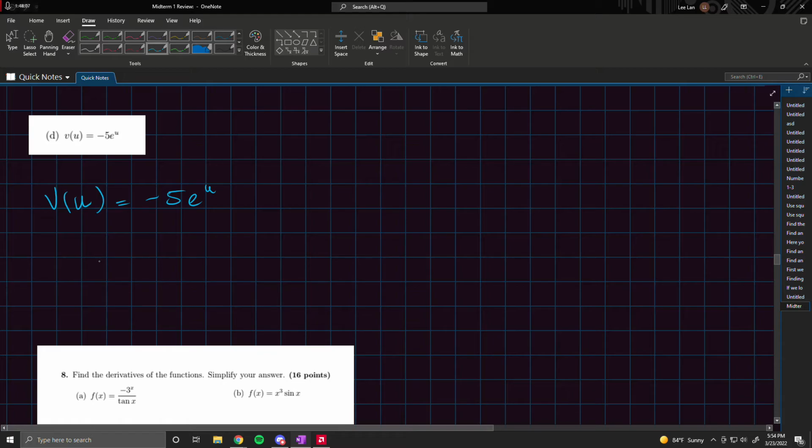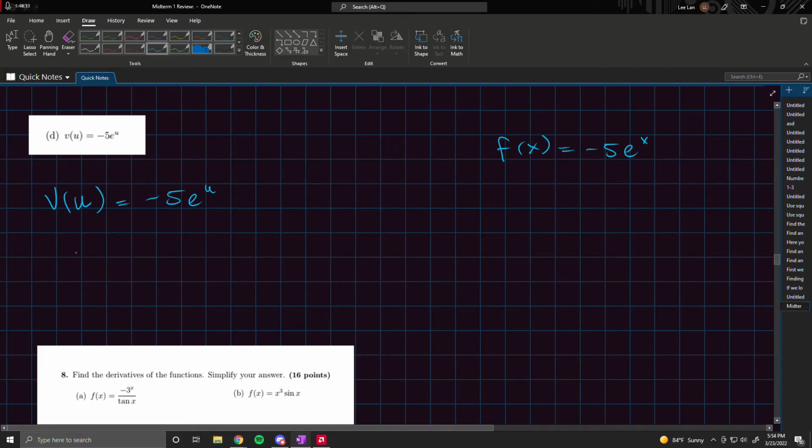I guess maybe some students might get confused with this notation as well. If it helps, you could just rewrite it like this. Function of x is equal to negative 5e to the x. I don't think students will get confused about this, but you don't have to if you don't want to, but it might help.